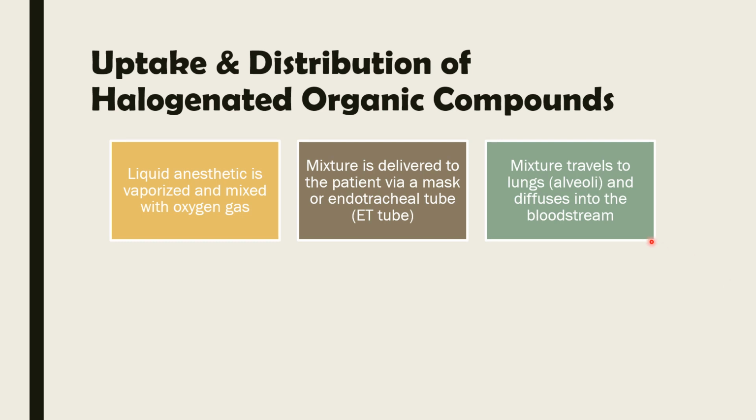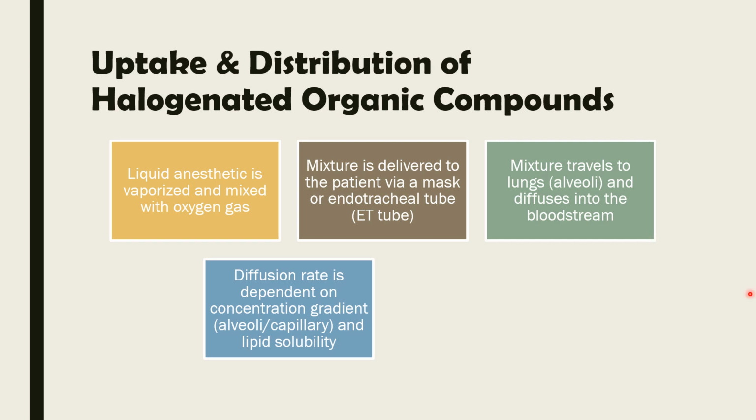The diffusion rate between the alveoli and the bloodstream will be dependent on the concentration gradient. What is meant by this concentration gradient? For example, how much of the gas or the anesthetic is in the alveoli versus how much of it is in the bloodstream or in the capillaries. Hence, if there is a bigger concentration gradient, the gas will move faster into the bloodstream.